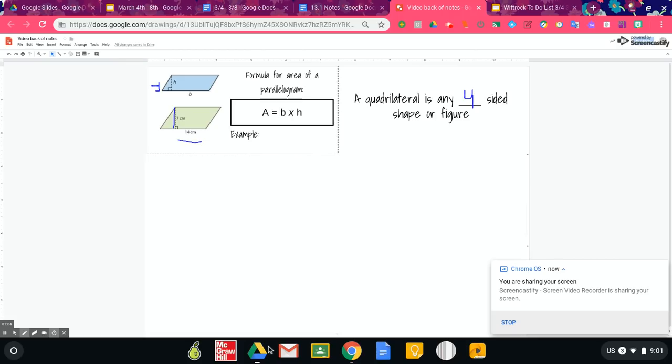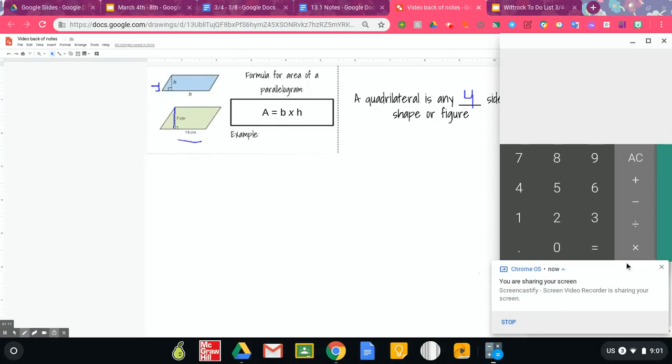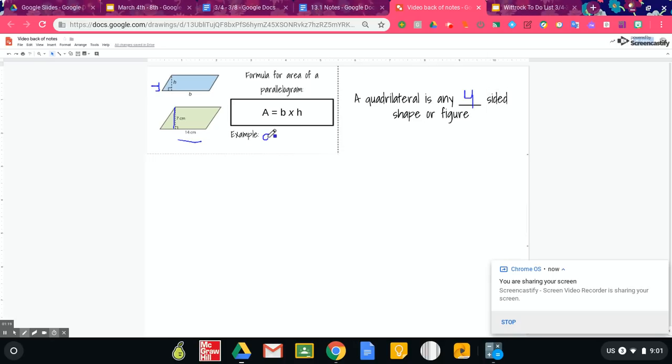So we're going to do 14 times 7, and let me pull up a calculator. 14 times 7 is 98. And for some reason, area is always in squared units. Well, there's a reasoning to it, but 98, and since it's centimeters, we're going to do centimeters. And squared is just an exponent of 2, the little baby 2 up at the top.